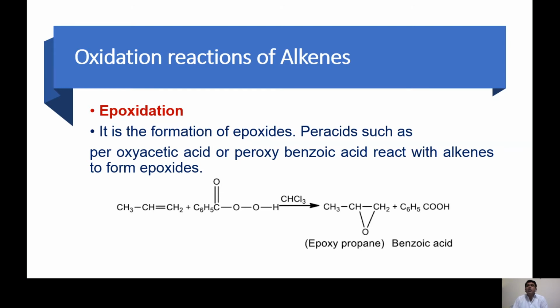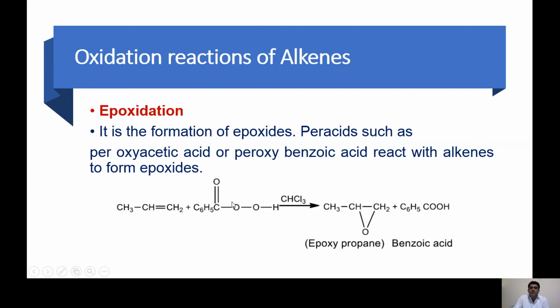Now we come to some oxidation reactions, and one of them is called epoxidation. If we treat the alkene with some peracids, for example hydrogen peroxide, we call it that because it contains one more oxygen. Similarly, benzoic acid has the formula C6H5, C double bond O and OH.